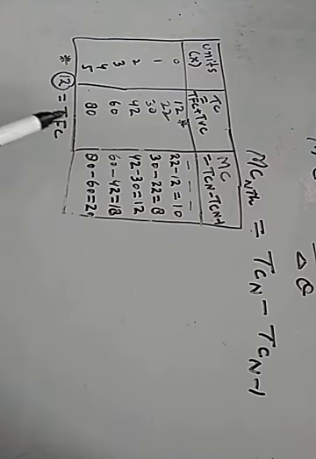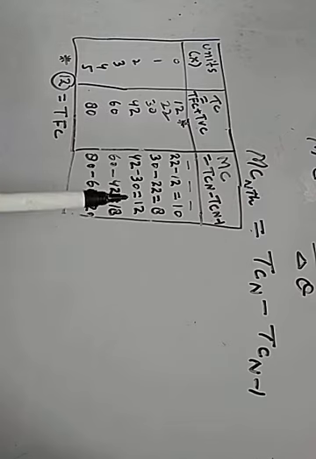Therefore, producing an extra unit of output, from 4 to 5, that is the 5th unit, the marginal cost of producing this extra unit is equal to 20 rupees. This is how marginal cost of any commodity, any service is calculated.